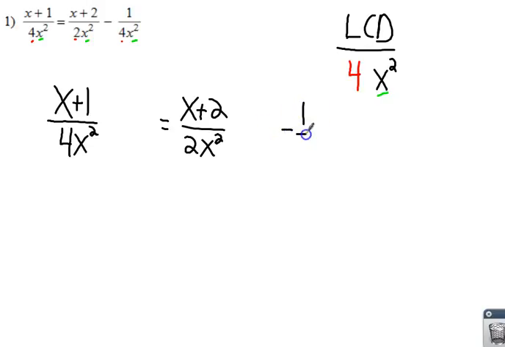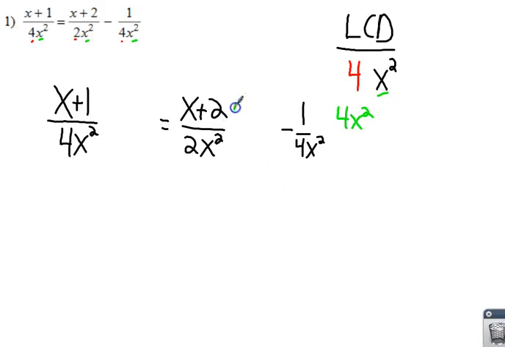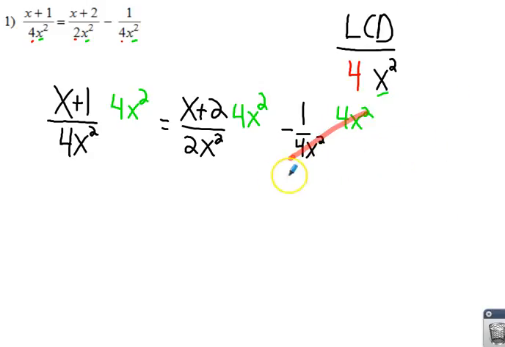No complaints whatsoever. So I do it to the numerator only. Let us do that. Now, what's great about this is I'm going to get a little cancel happy here. If you do this right, every single term in your denominator should die off. Which in this case, they do.